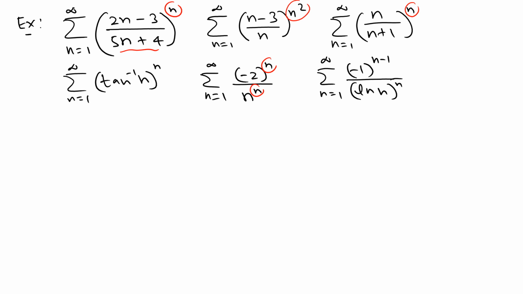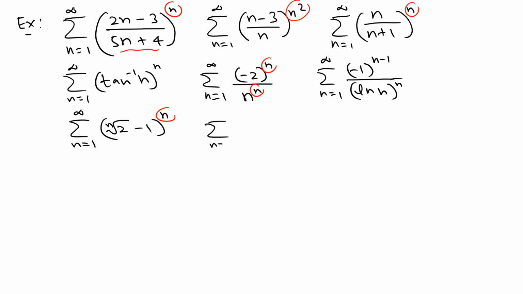This nth power also tells you that this is the root test. And I'm going to give 3 more. Try to identify what is the indicator. It is the nth root, minus 1 to the nth power. This n tells you that this is a root test.